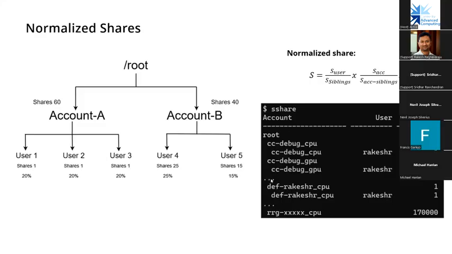That way the priority values are set. In our case it's pretty much flat: you have a root, under that the PI's account, or CC debug, or def accounts. Under that, all the users who are part of that group come in. In this case, it's showing me who is under this CCDB that I have access to, like Rakesh.